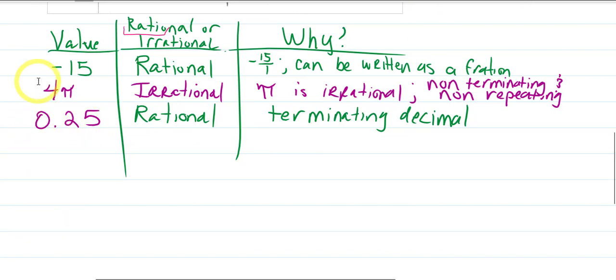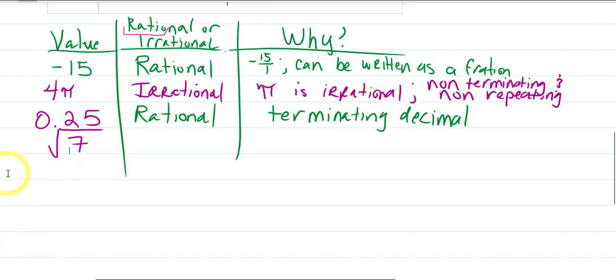Okay, so another example we could use here would be the square root of 7. So if I'm using the square root of 7, I can ask myself, is there a number times itself that will give me 7?